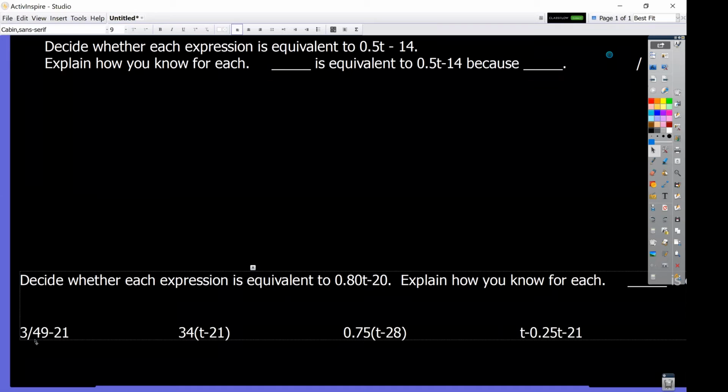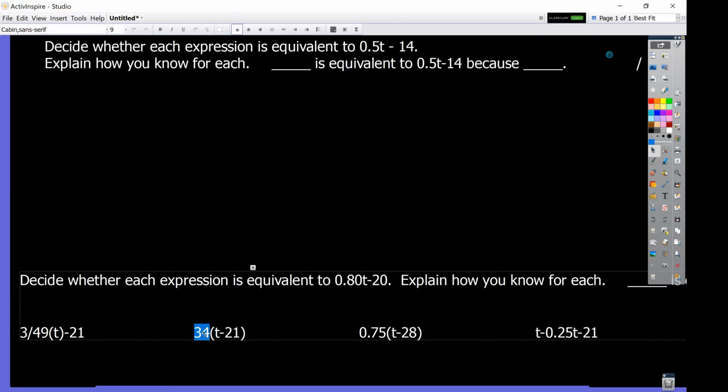And then same thing over here. We need to fix this one.